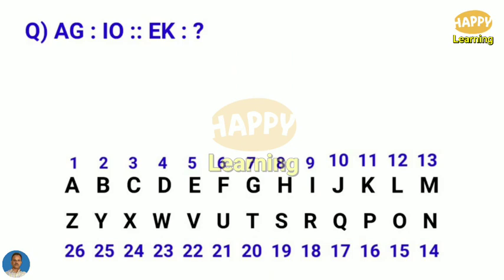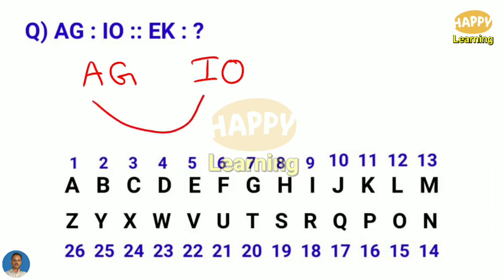AG and IO are related. A, G, I, O. What is the relation between A and I?